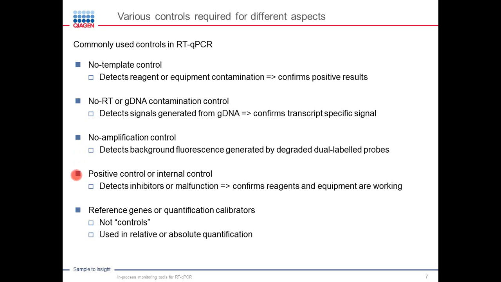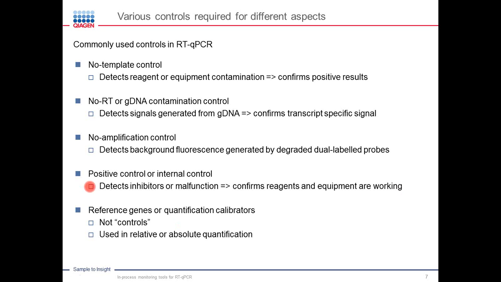Another thing that makes a lot of sense actually is a positive control or an internal control. These are slightly two different things. I will talk a little bit more about that. The purpose of an internal control or positive control is to confirm that the reagents and equipment we are using are really properly working. What it does is actually it will detect any type of either inhibition or malfunction of equipment, for example.